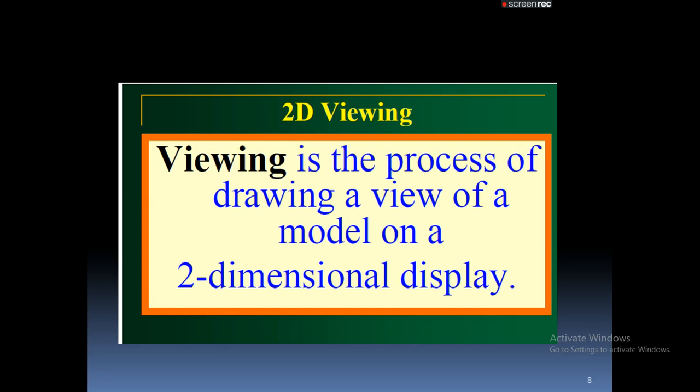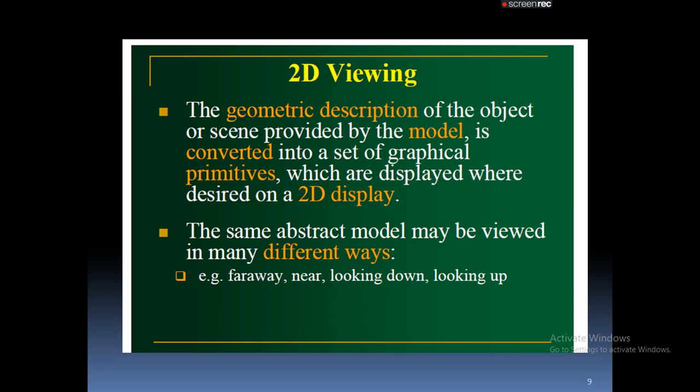A two-dimensional display is nothing but our screen. We would like to view this image on the screen of the monitor, so we need the two-dimensional viewing concept. As I said in the previous slide, the geometric description of the object or a scene is provided by the model, as we already learned.